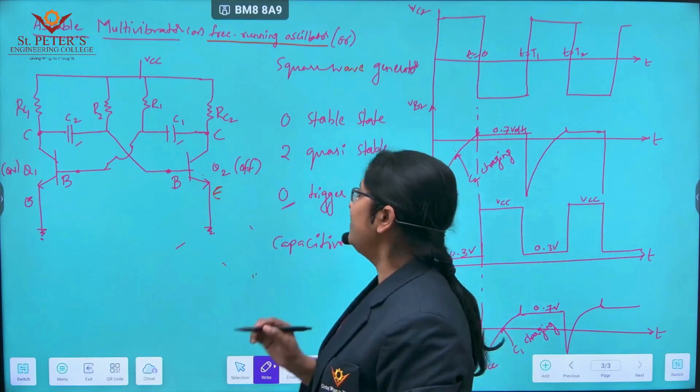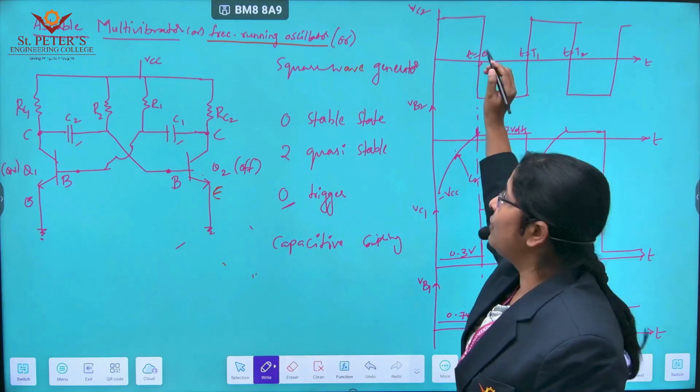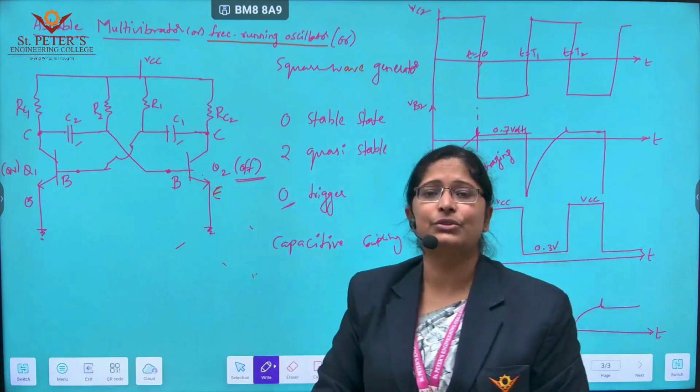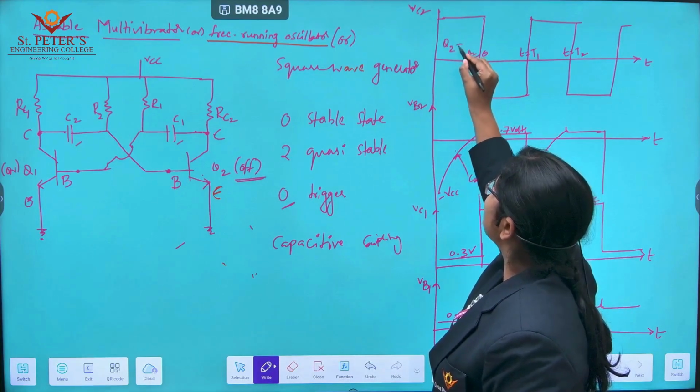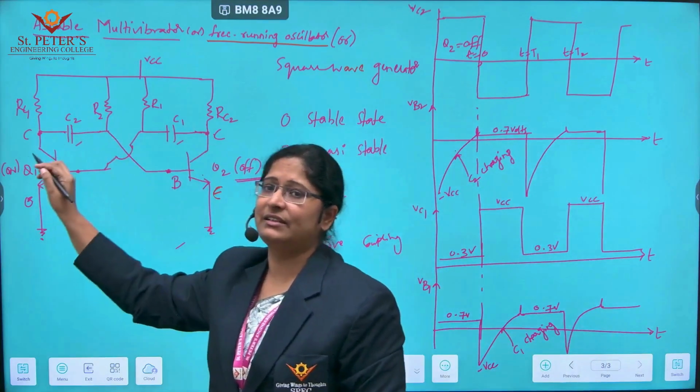Initially, at t equal to 0, this is the instant I am taking. Before t equal to 0, let me assume transistor Q2 is off. At a time one transistor is off and the other transistor is on.